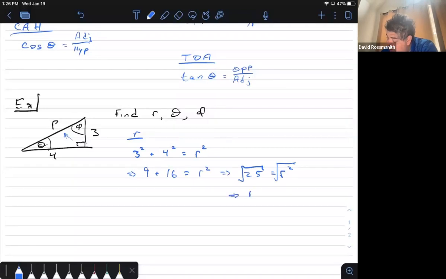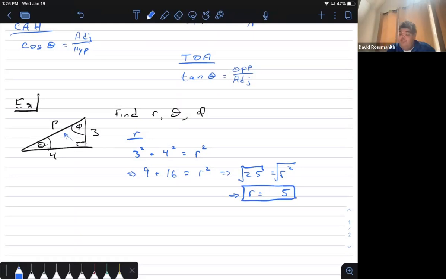Thus, r must be plus or minus 5. Now, I know it's not minus 5 because it's the length of a side, and the length is always positive here. So I could just get rid of this plus or minus, and it's just 5. So I now know the hypotenuse is 5.